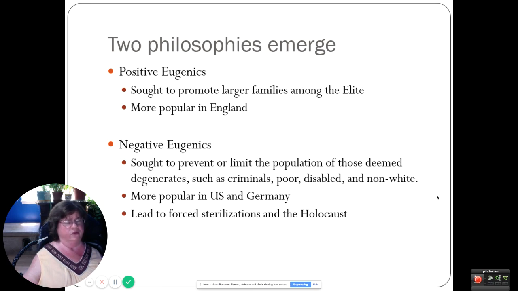And they started to decide that rather than just promoting the positive, they need to also encourage the negative, which meant trying to stop those individuals from breeding. And that led to forced sterilizations here in America and in Germany, and ultimately in Germany to the Holocaust.